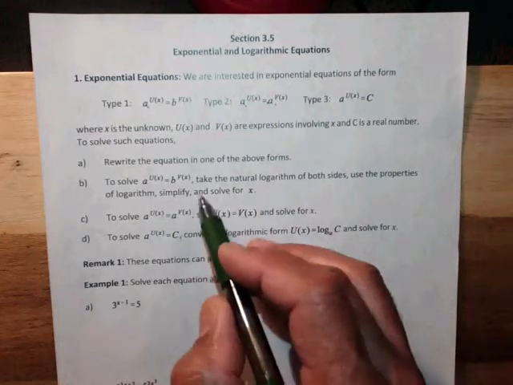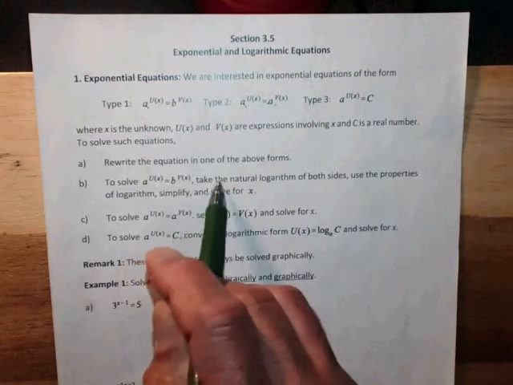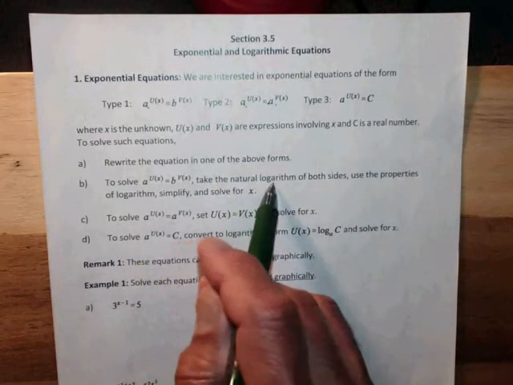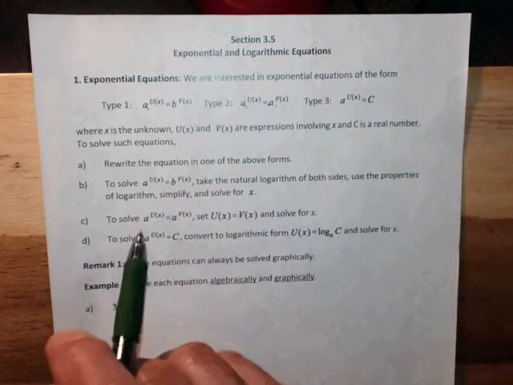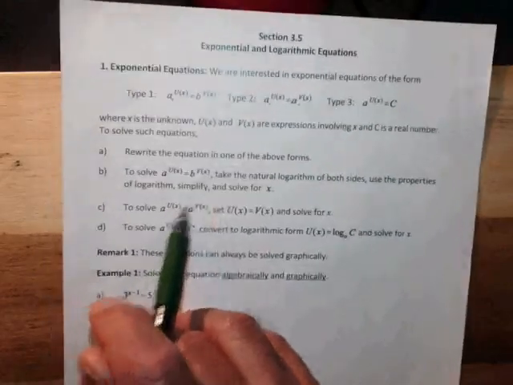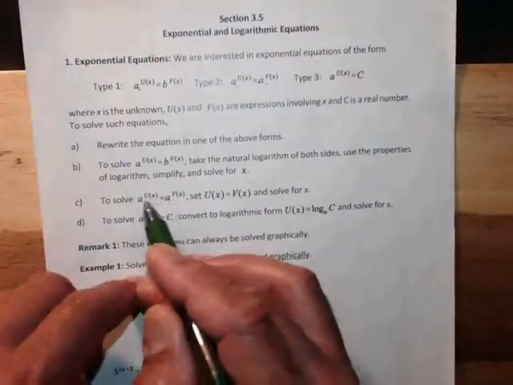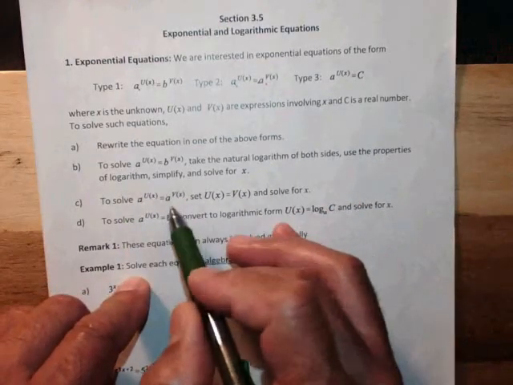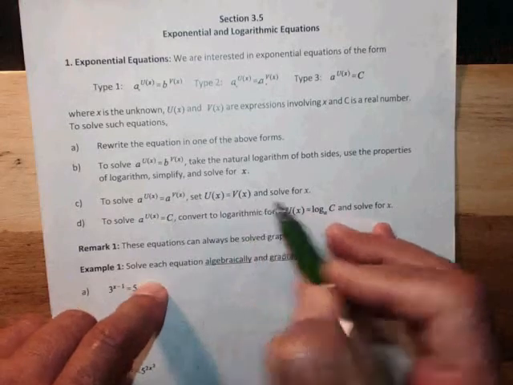I'll show you with one example, just a second. So that's the technique: we apply the natural logarithm to both sides, and then we simplify. If you have two exponentials with the same base, this is the easiest case because you just set u of x equal to v of x, and solve for x.